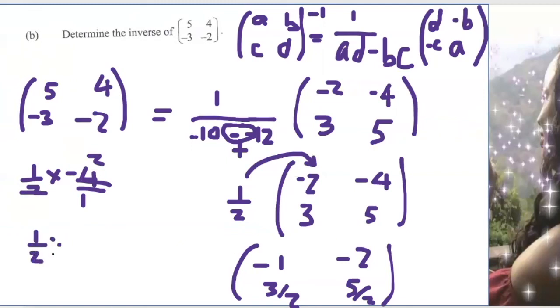If I have a half times 3, you put 3 over 1 and say 1 times 3 is 3, 2 times 1 is 2. So the final one, a half times 5, I will say 5 over 1, so 1 times 5 is 5, and 2 times 1 is 2.